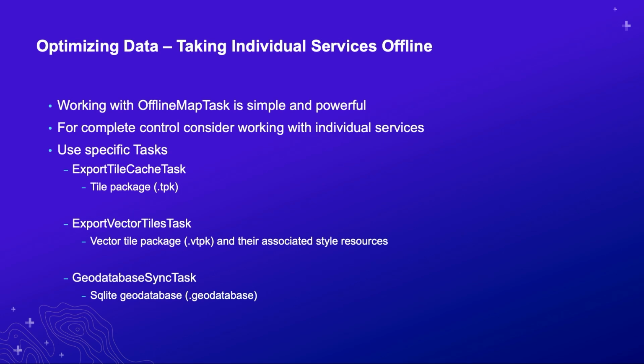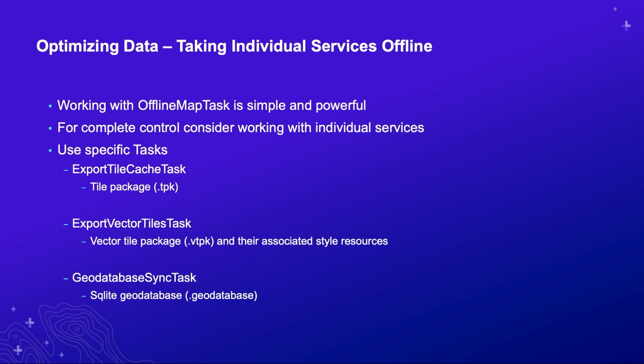So finally, when it comes to optimizing your data, instead of working with the map and using API overrides to control behavior, you can actually go to the individual services and deal with them directly, whether you're working with imagery tiles or vector tiles or geodatabase feature layers.